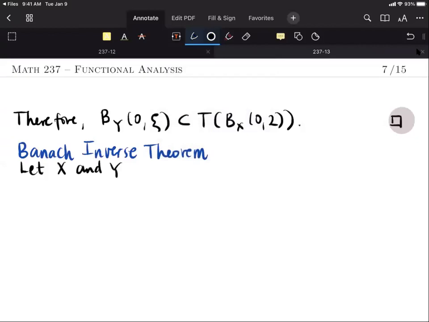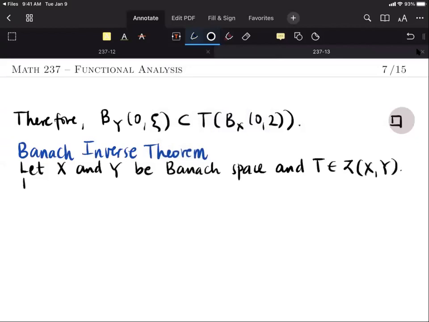Again, we have two Banach spaces X and Y and a bounded linear operator T. If T is bijective, then its inverse is bounded.